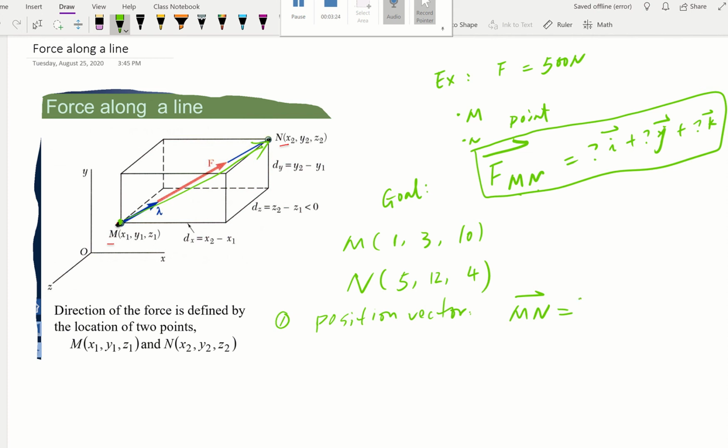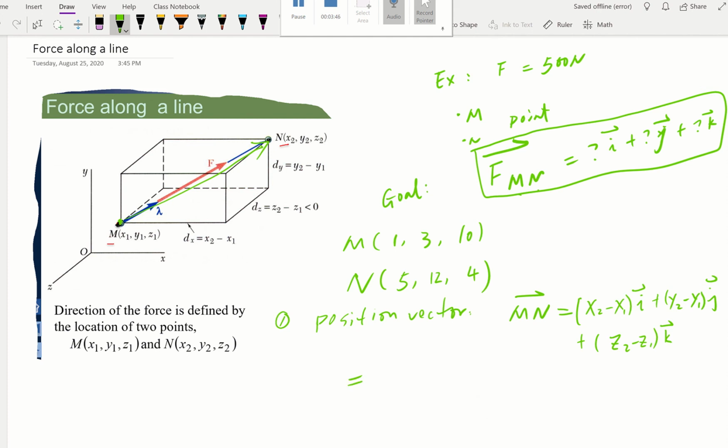So the general form is x2 minus x1, and that's going to be our i term, and the y coordinate difference, and our z coordinate difference. That's how we write down this position vector.